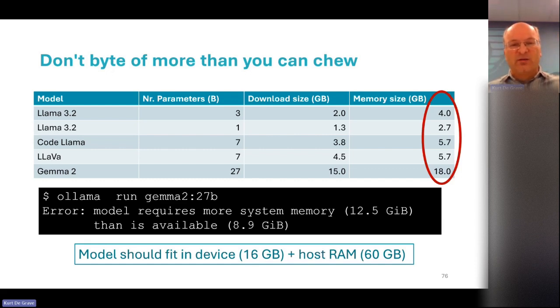But then there is memory size, and that is again a bit larger than the download size, because the model has to keep track of all the representations of the previous tokens in a sequence, and that also takes memory. Otherwise, you cannot compute the next token. So that's why the required memory is a bit higher.